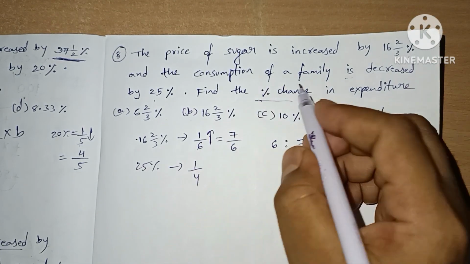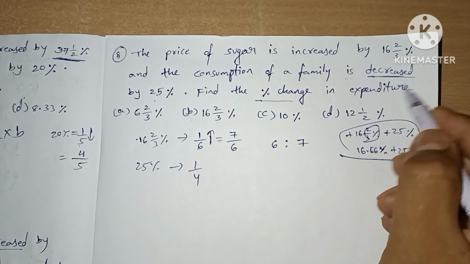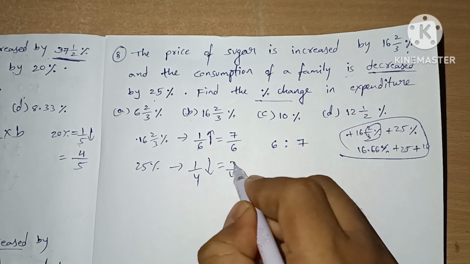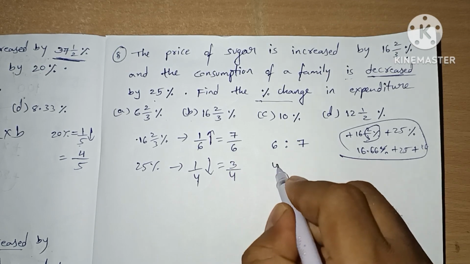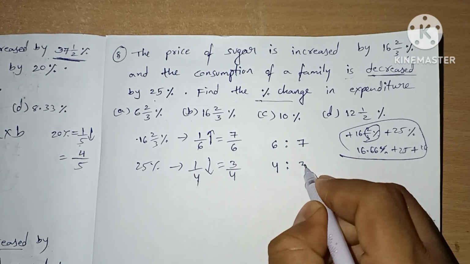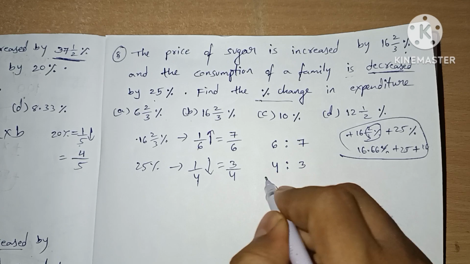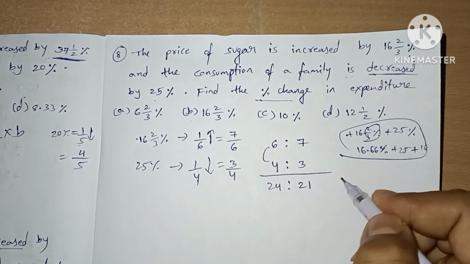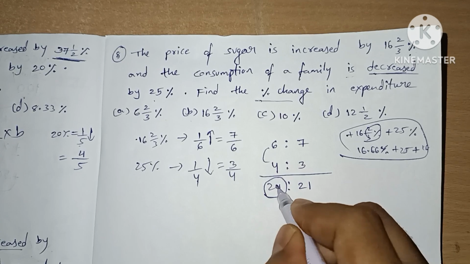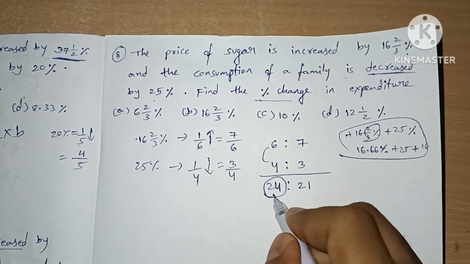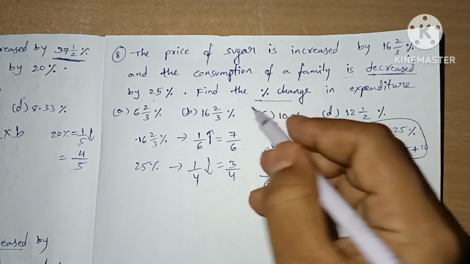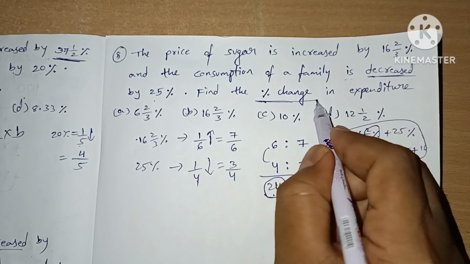It is said that consumption is decreased. Decreased means initially it is 4, now it becomes 3. Here 6 4 times is 24, 7 3 times is 21. So initially it is 24, now it is reduced to 21, and the question asked is percentage change.